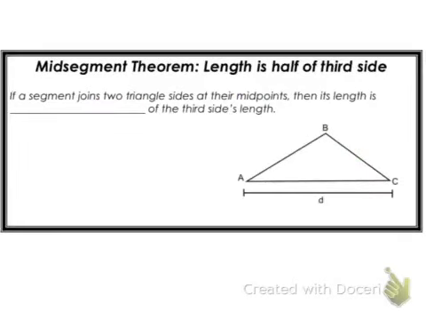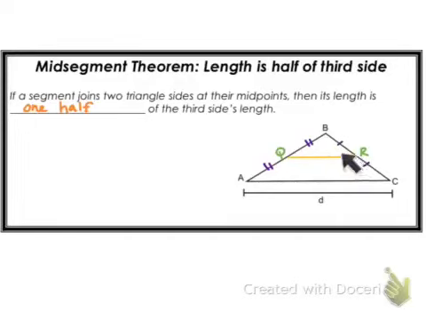Now another property of a midsegment is that if you have a segment that joins two triangle sides at their midpoints, then its length is half of the third side. So if we know that AC has a length of D, whatever that is, it stands for distance, and we draw a segment connecting AB and BC. If Q and R bisect AB and BC respectively, we know that QR is the midsegment.